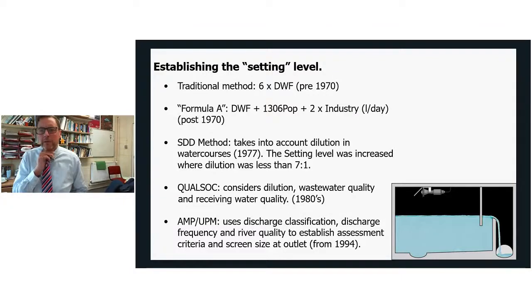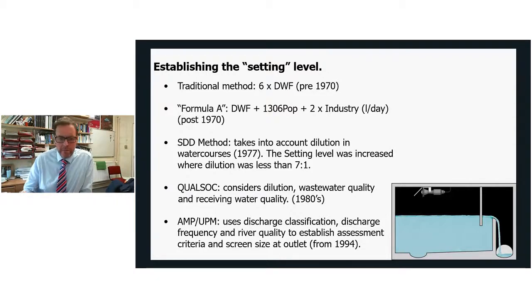Okay, that was back pre-1970. But where do we start with the problems with that? One of the issues is it was recognised that more affluent areas tend, and it's still the case, to use more water.